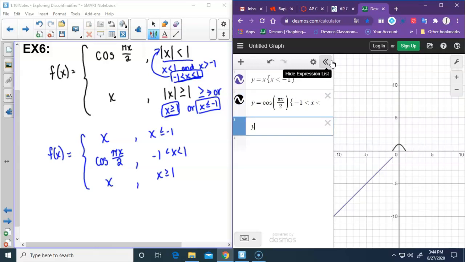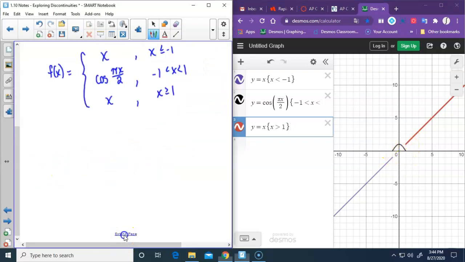And then we would have y equals x, and x is greater than 1. All right, so we've got this graph right here. If I look at the graph, I can tell that I've got discontinuities both at 1 and -1.